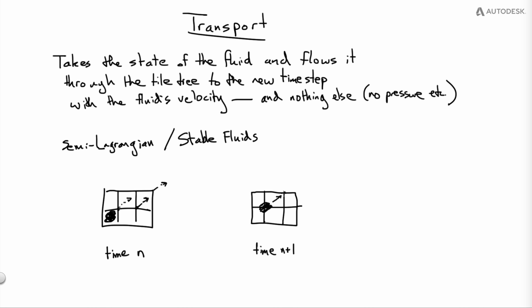There are two parts to that. We have to trace back through the grid, so we use a fairly advanced ODE solver, a Runge-Kutta 3 method, to trace back. And then we need to interpolate the value in the old grid, or the old tile tree. Of course, the simplest thing would just be to use linear or trilinear interpolation, LERP.